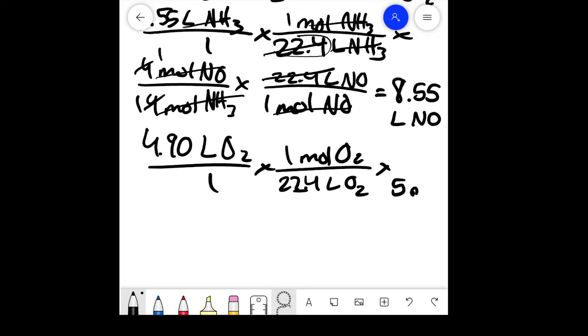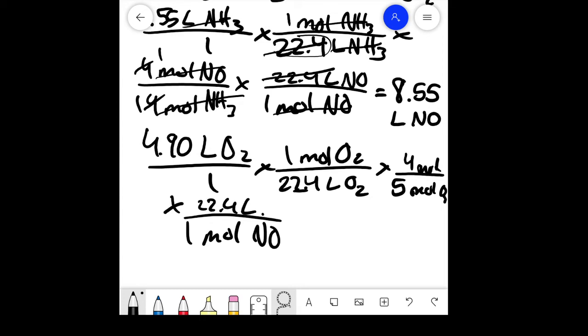Since there's a 5 in front of the oxygen and a 4 in front of nitrogen monoxide, we then convert that back to liters. And that will give you 3.92 liters of NO.